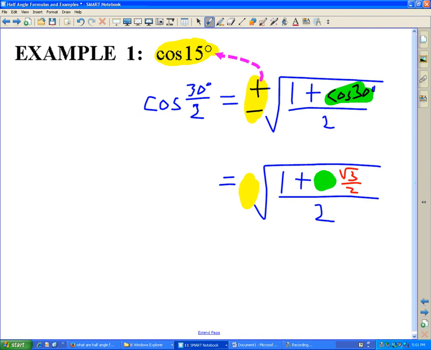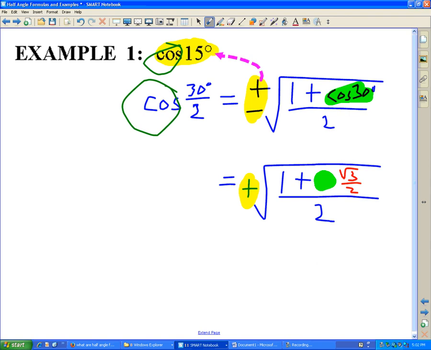The second decision is coming from the outside, and actually it doesn't matter what order you make these decisions in. Usually I do the outside decision first, but the outside decision is based on what is cosine of 15 degrees. Well, 15 degrees is also in quadrant 1, and because I'm looking for the cosine of that, cosine's positive in quadrant 1.